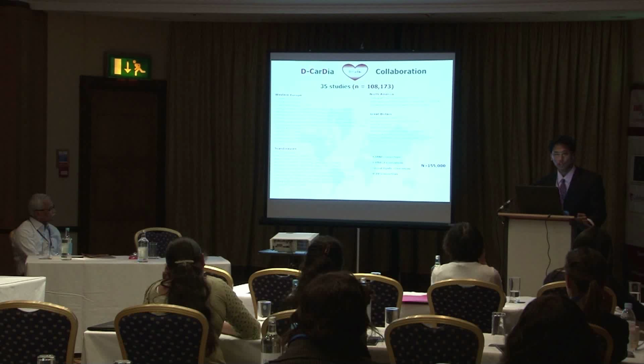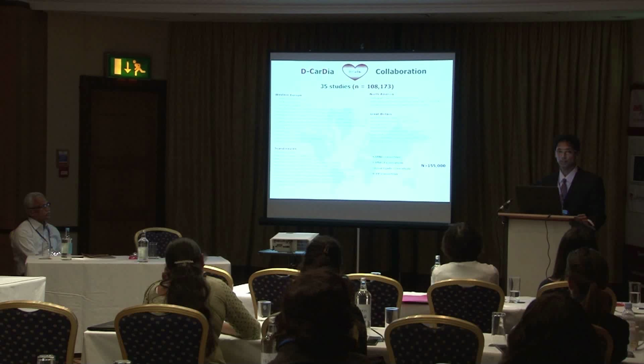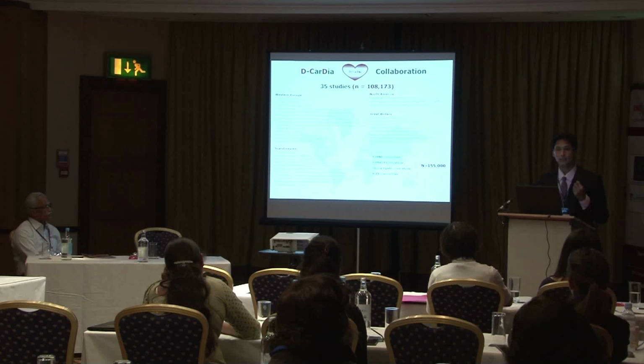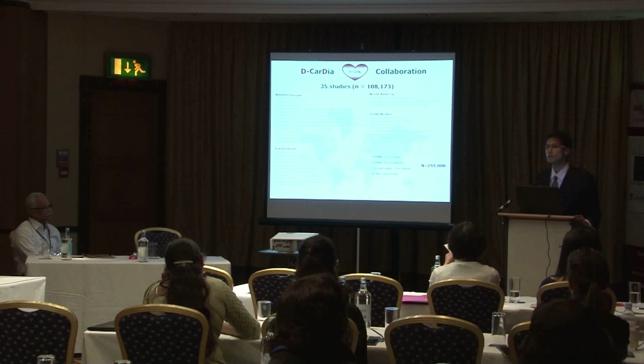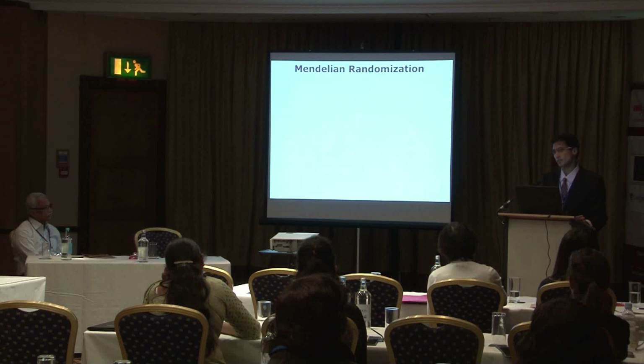But why have we initiated this DCardia collaboration? The main objective of this collaboration is to examine the causal relationship between vitamin D deficiency and cardiovascular disease related outcomes. In order to examine this causal relationship, we used a novel genetic epidemiological tool which is called Mendelian randomization.